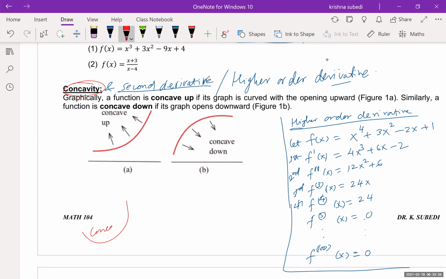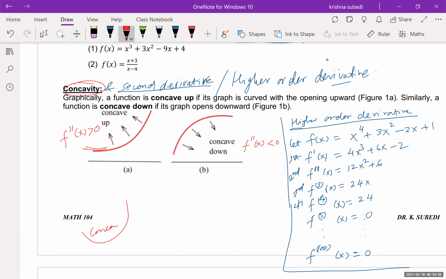This part is concave up, this is concave up, and this is concave down. The interesting relationship between concavity and the derivative is that concave up means the second derivative is positive. Concave down means the second derivative is negative.